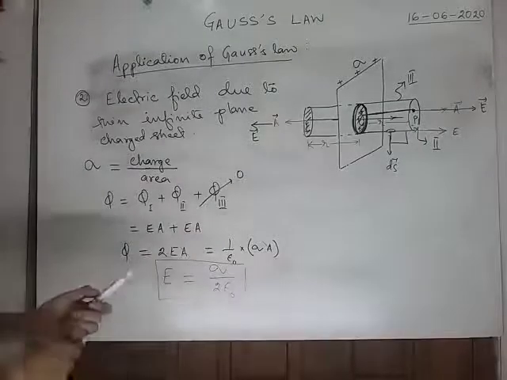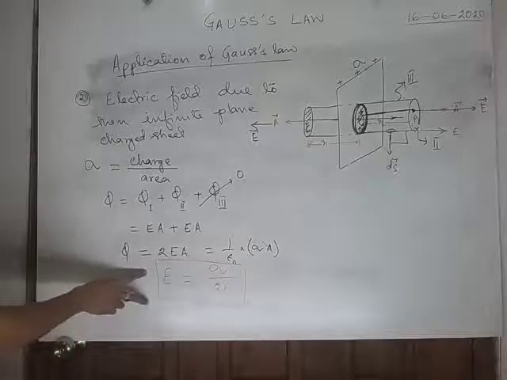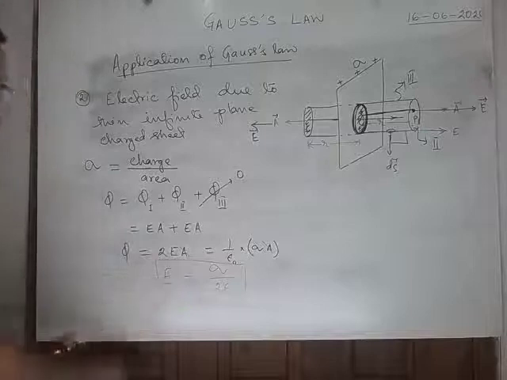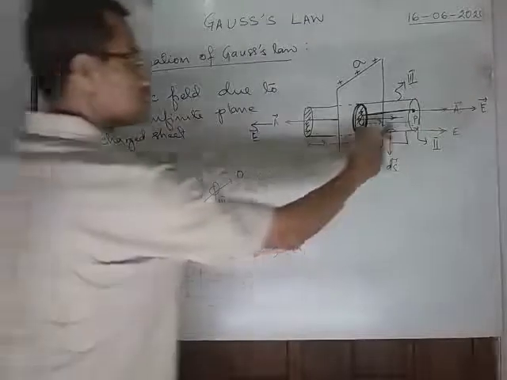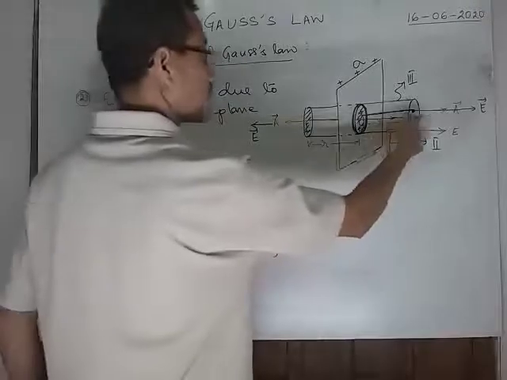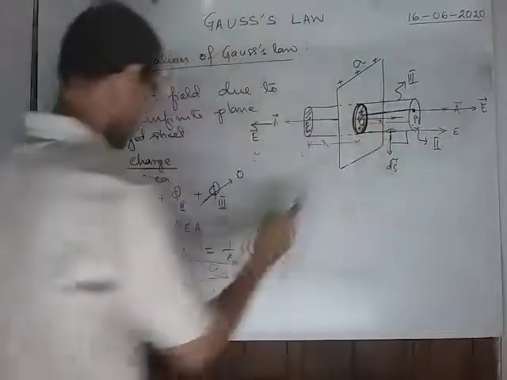Now, the point to be noted here is that this equation is independent of the distance R. Had the point of observation P to find the electric field E been somewhat close here, it would have the same value.